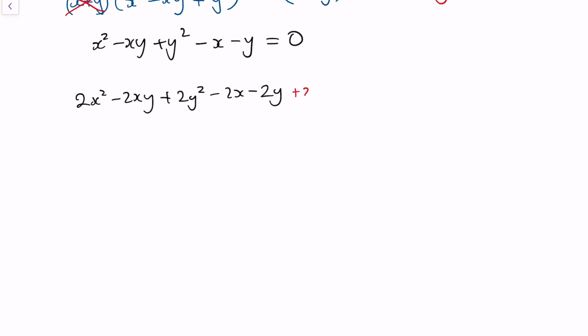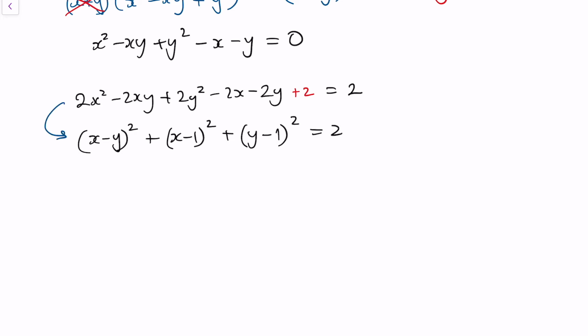The reason we've done that is that now we have a very nice and easy way of factorizing the left-hand side, which is (x minus y) squared plus (x minus 1) squared plus (y minus 1) squared equals 2.